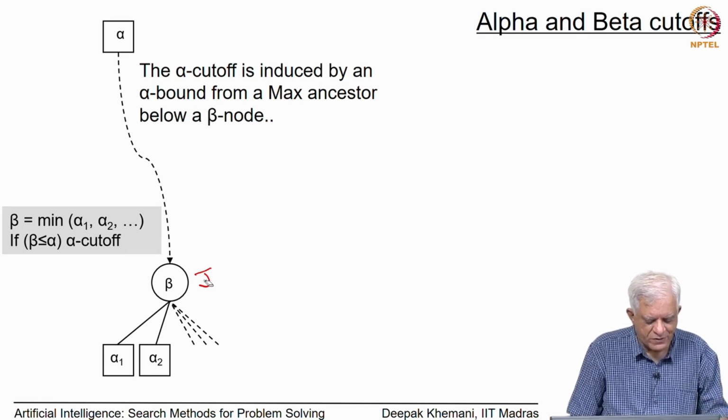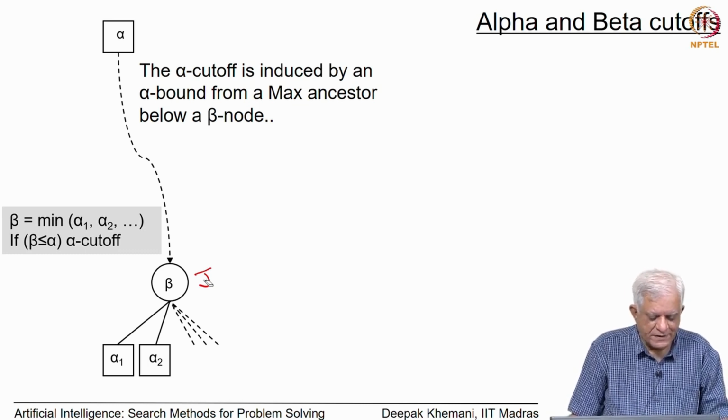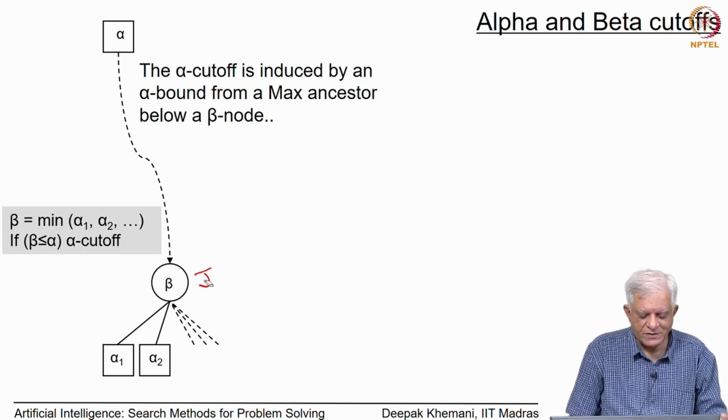The beta value that is going to be computed is going to be the smallest of the values of its children that it is exploring, and the alpha is some max ancestor, which is on the path to the root.